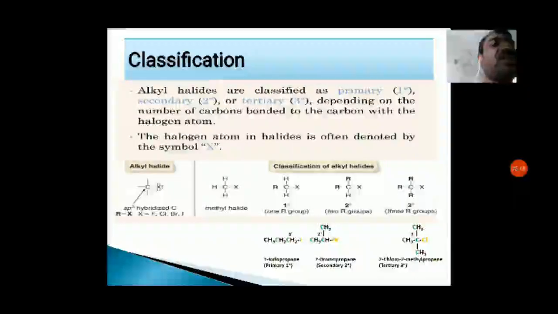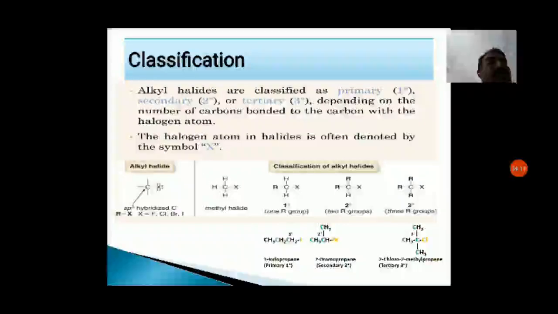Such a carbon atom is called a secondary carbon atom, and such an alkyl halide is called a secondary alkyl halide. Now if all the 3 hydrogen atoms are replaced by R, that means the carbon atom is attached to 3 alkyl groups, then that type of alkyl halide is called a tertiary alkyl halide.